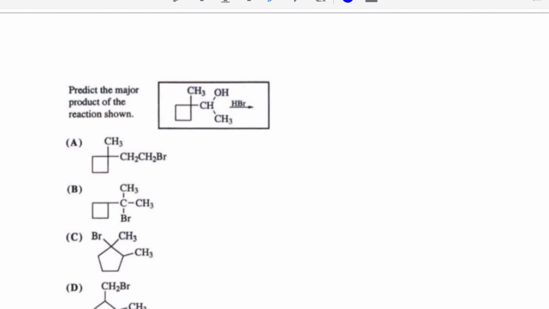So let's go ahead and try to solve for it. So we're given our original reagent. And now we add HBr.